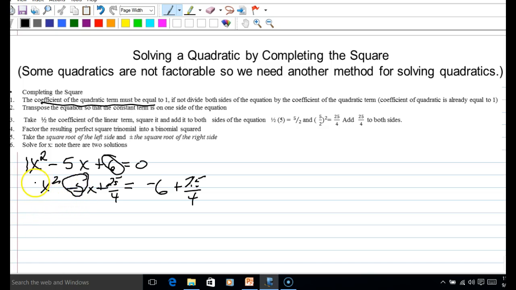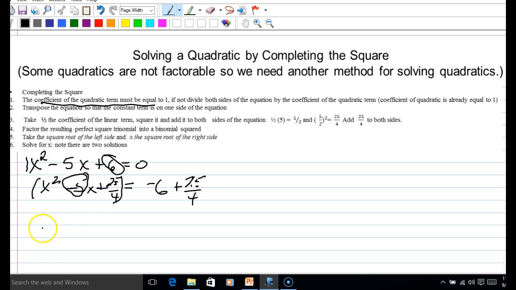Now what happens is that the resulting expression on the left side is what we call a perfect square trinomial. And a perfect square trinomial factors into a binomial square.